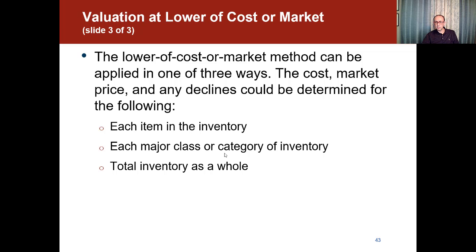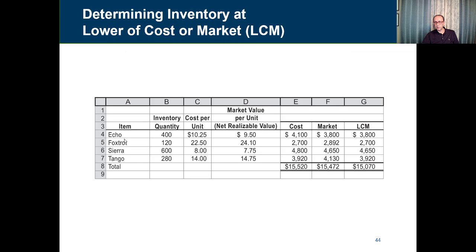Another approach is each major class or category of inventory. Let's say that Echo and Foxtrot are one category, Sierra and Tango another category. What we do is we get their total for cost and total for market, and we compare this category of Echo and Foxtrot together, and we record their LCM total, and then we do the same thing for Sierra and Tango.